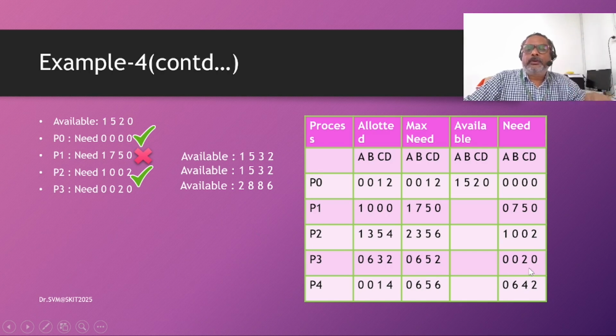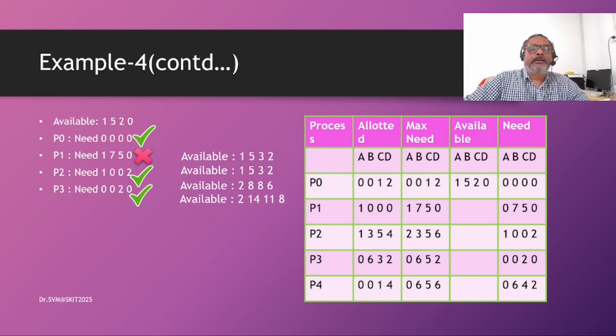It requires 2 instances of resource C. We have 8 instances of resource C, so there won't be any problem in allotting 2 instances of resource C. Therefore we allot it, and once these 2 units are available to P3, now P3 has got all its requirements, and therefore it continues execution, and once it completes its execution, then the resources it was holding, that is 632 of B, C and D respectively, will be released.